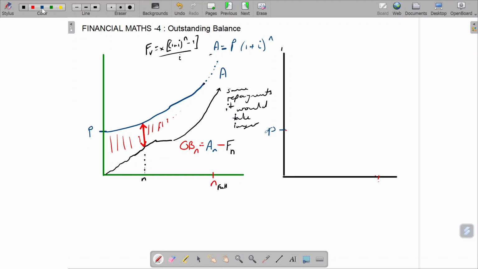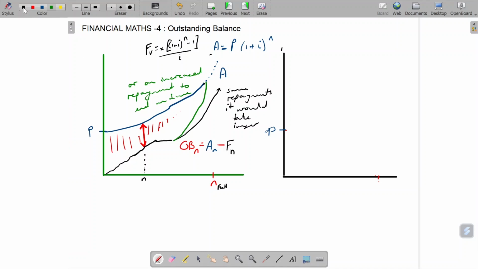Or alternatively, we would have to find a way to make a bigger repayment if we wanted to end at the same point, an increased payment to end on time.